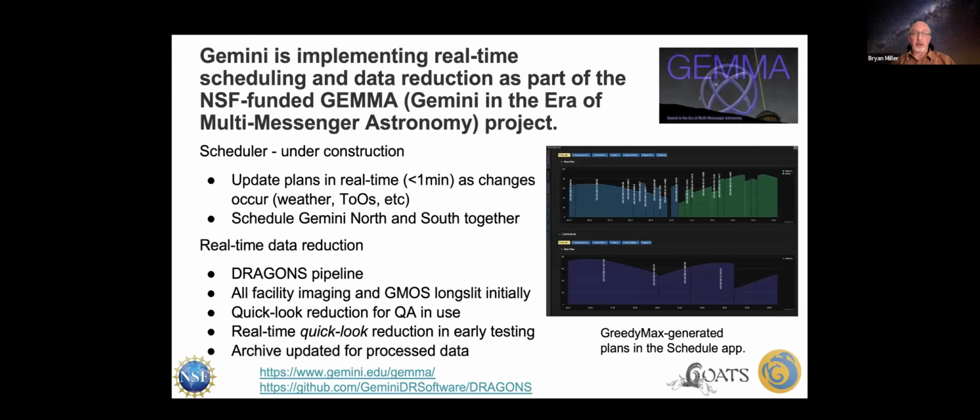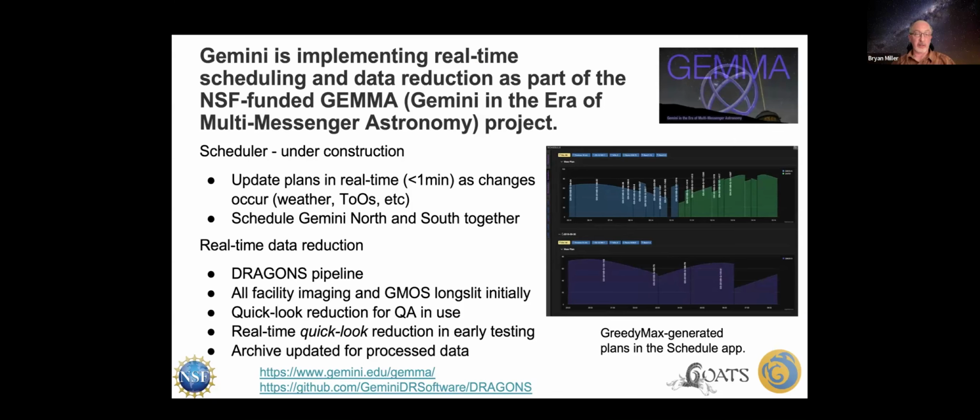So about the scheduler, we're implementing this real-time scheduling and data reduction as part of the NSF-funded GPP project, which has been running for a few years. The scheduler is under construction. It will update observing plans in real time, meaning less than a minute, as changes occur. And it will schedule north and south together as a sort of mini network. The real-time data reduction is based on the DRAGONS Python pipeline environment.